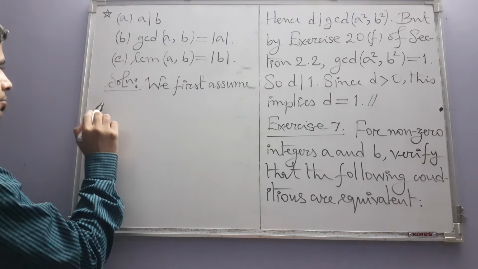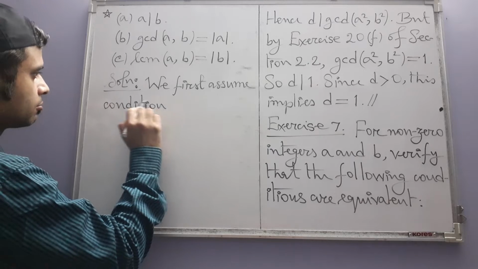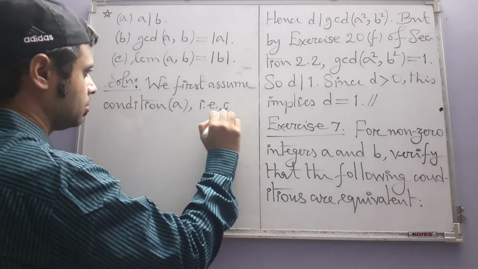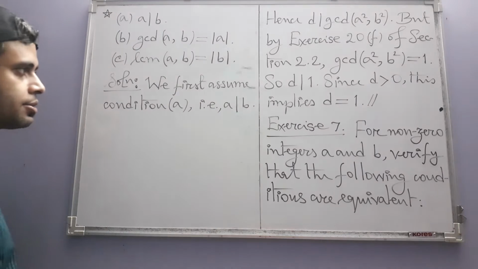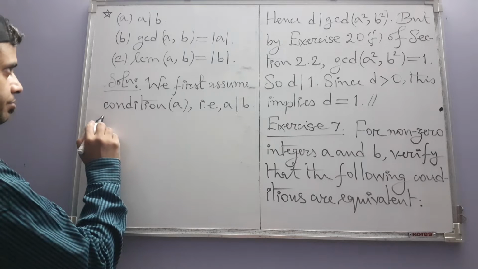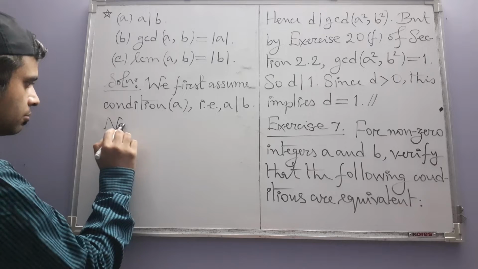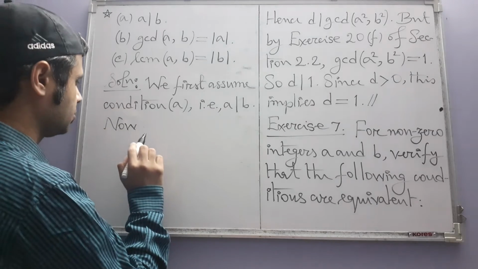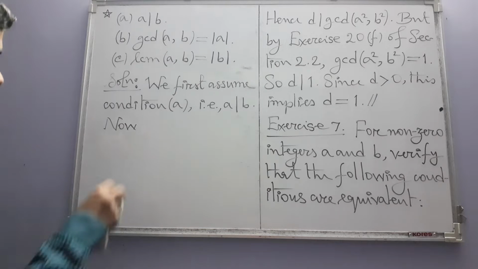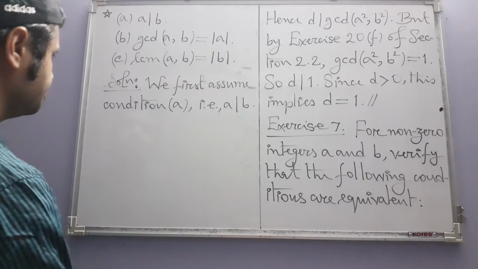We first assume condition A, i.e. A divides B. Now, let me just write the immediate consequence of this divisibility.